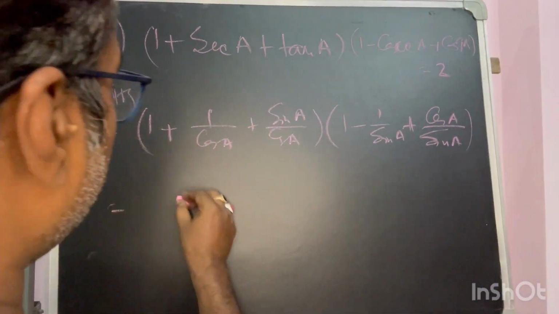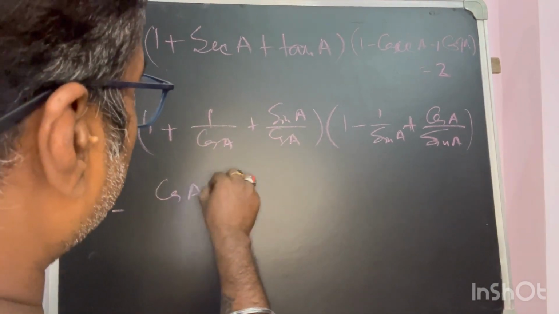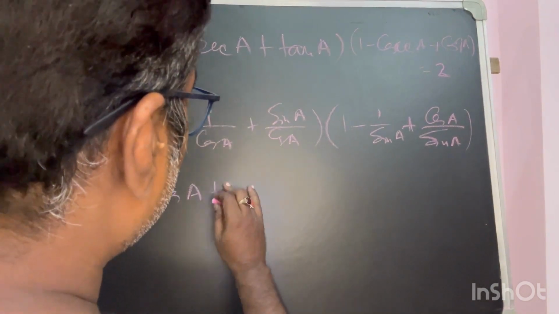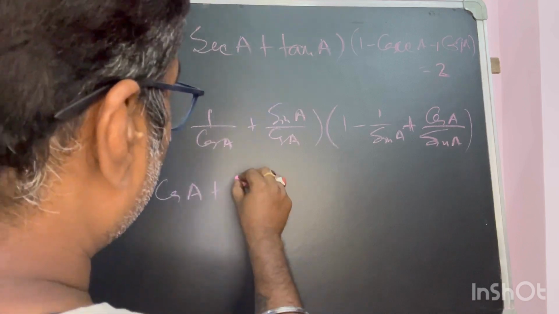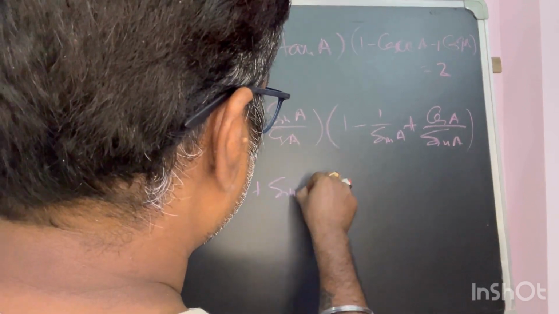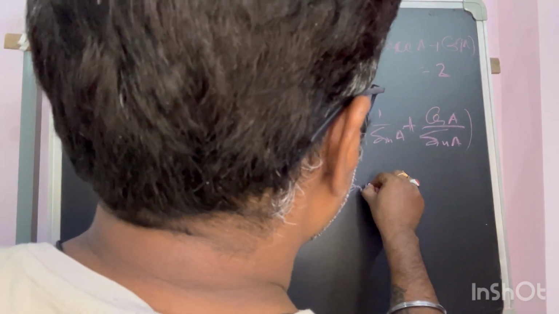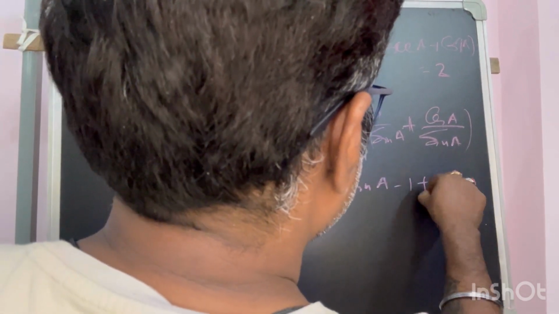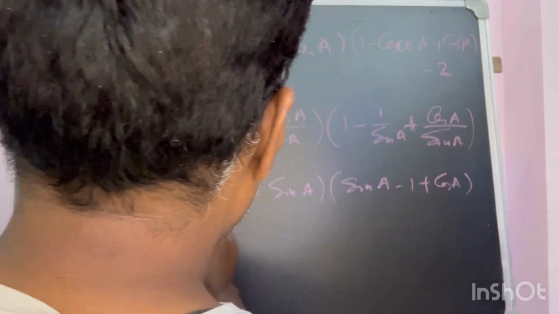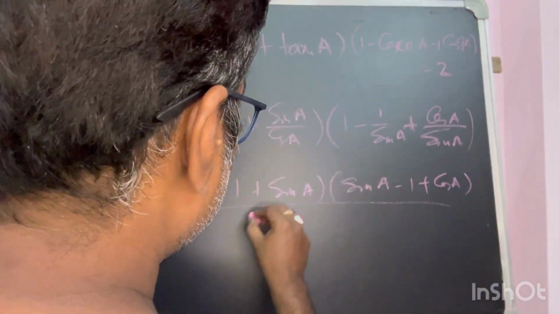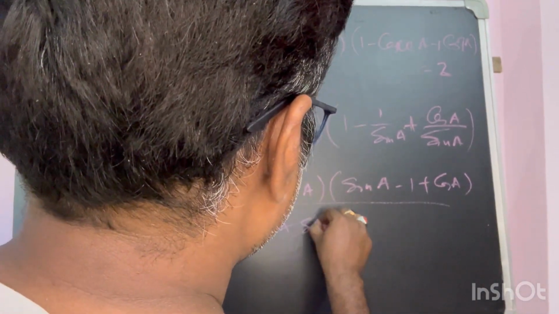Now if I add these two, this is cos a plus 1 plus sin a on the numerator. The same thing here will be sin a minus 1 plus cos a, and the bottom part you can see is cos a sin a, cos a sin a.